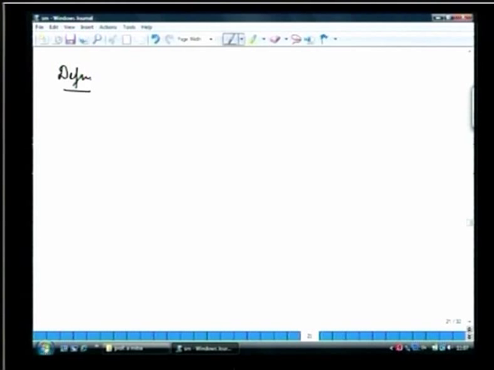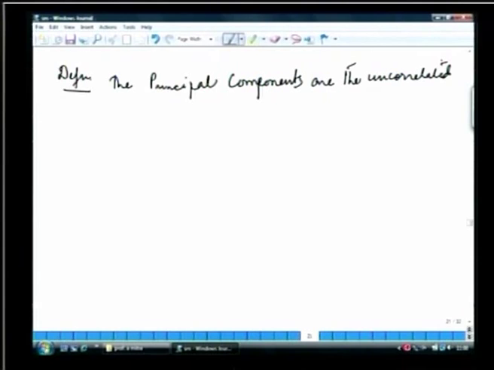Definition of principal components: the principal components are the uncorrelated linear combinations y1, y2 to yp.